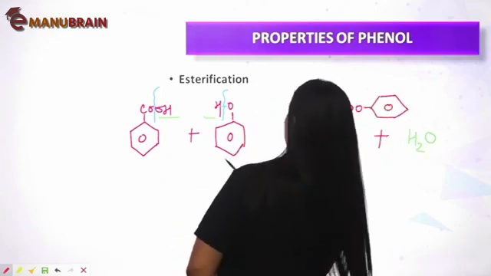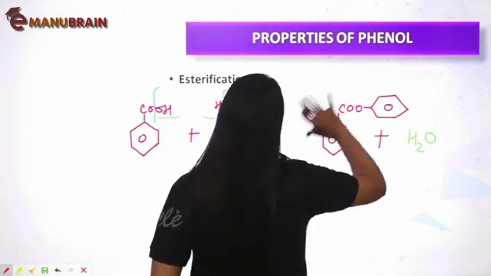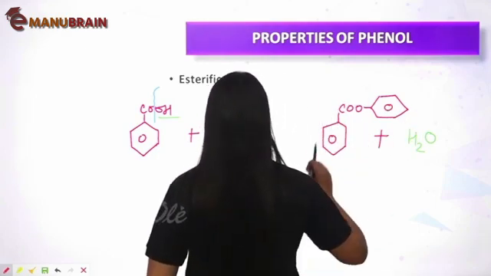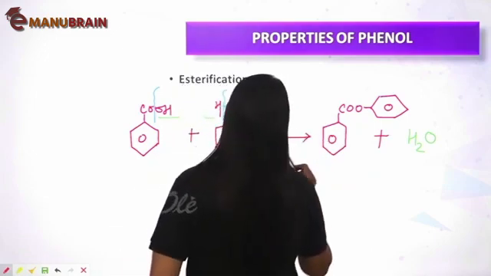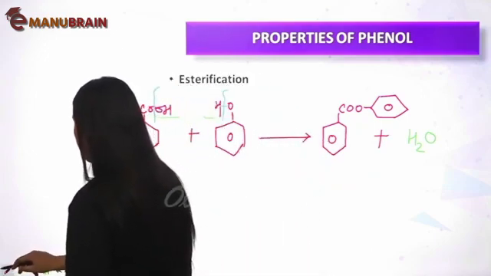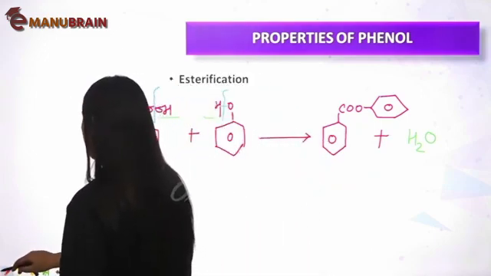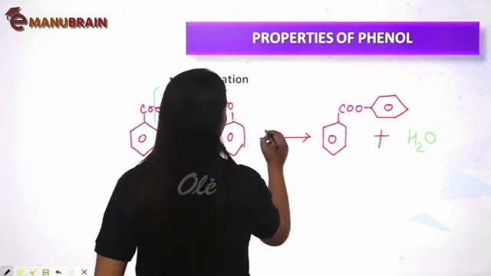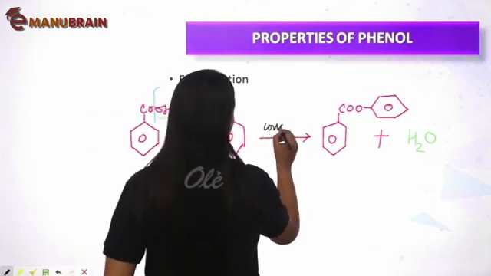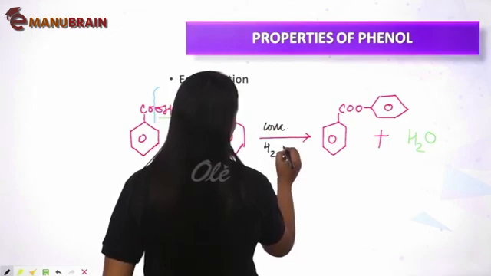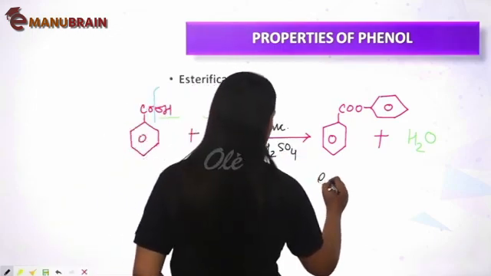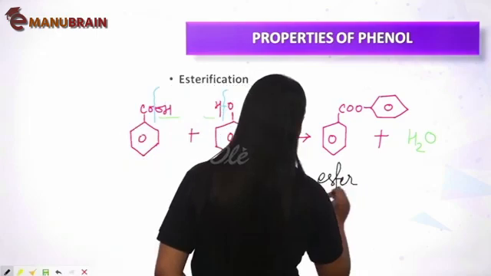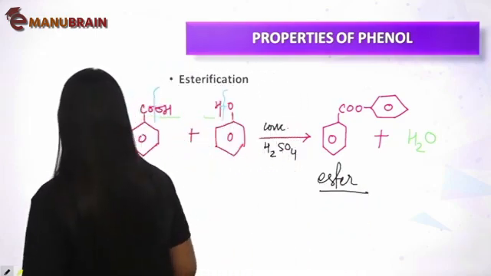I'm making this ring at this side. Okay, so this is the structure C6H5COOC6H5 in this given example. Okay, and this reaction happens in the presence of concentrated H2SO4. This is esterification, and ester is formed in this given example.